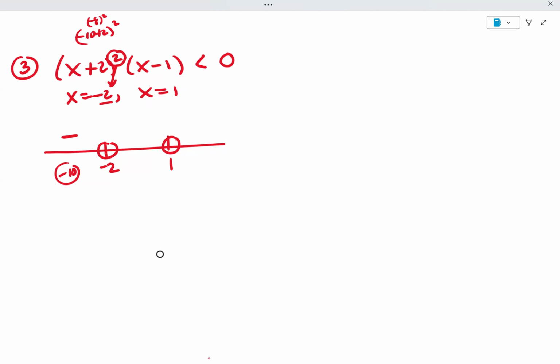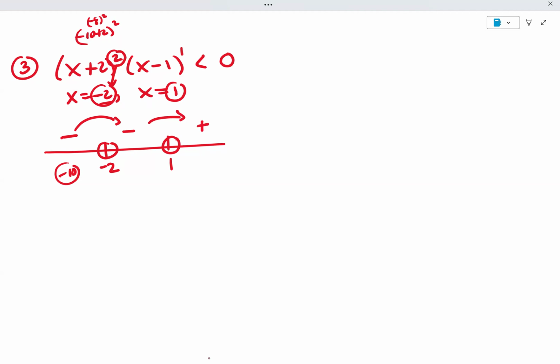If it's negative on the left, it's got to be negative on the right. And because this 1 came from an odd power, the graph is going to cross the x-axis, whereas here it's bouncing off the x-axis.